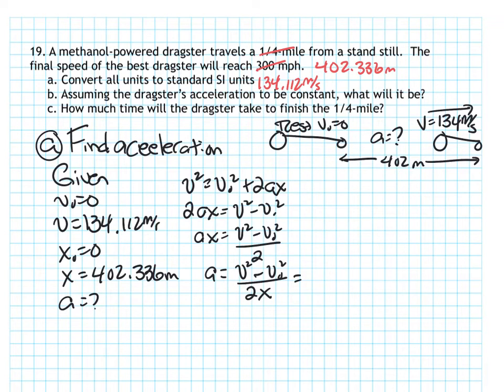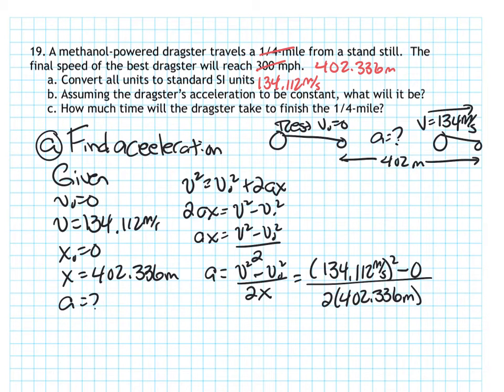So that's going to be the final velocity, 134.112 meters per second squared, minus starts at rest, so that's 0, divided by 2 times 402.336 meters. And when I do that, it's going to give me an acceleration.